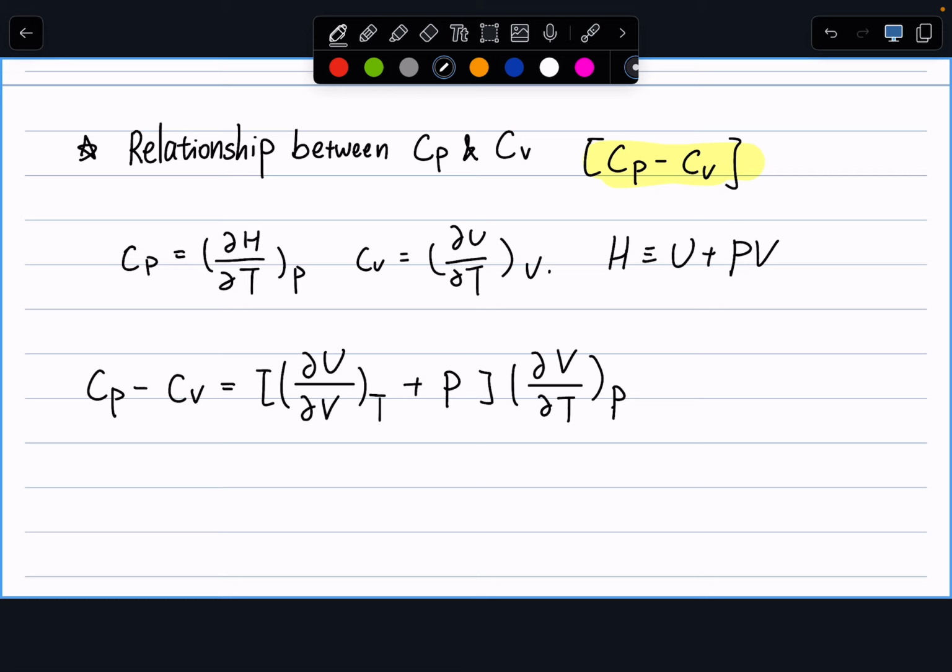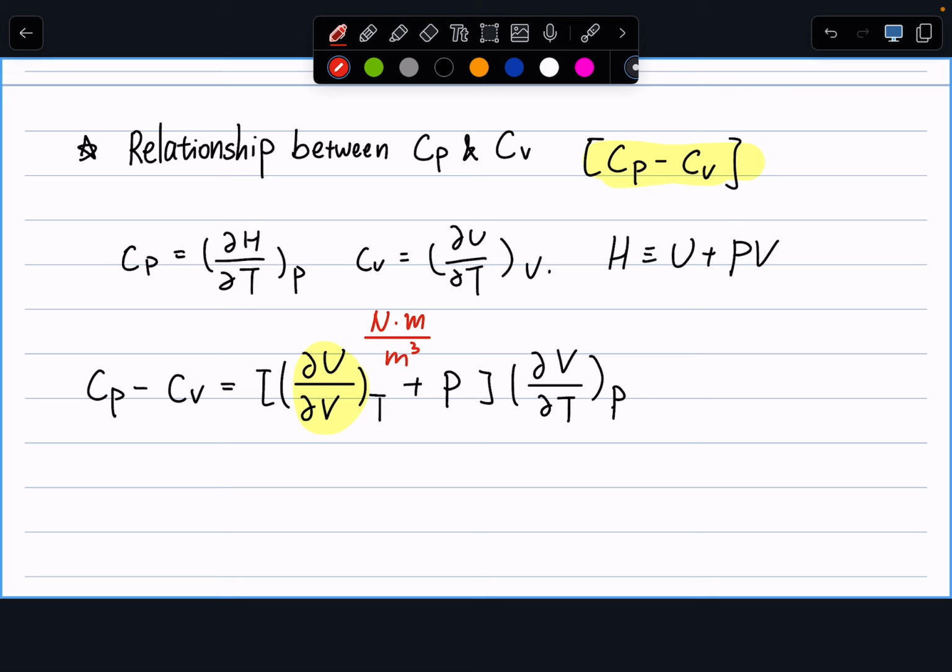In this relationship, there is one thing here that we're talking about: the partial derivative of our internal energy over volume. If we think about the dimensionality of this term, on the top we have joule or Newton meter, and on the bottom we have meters cubed, right?